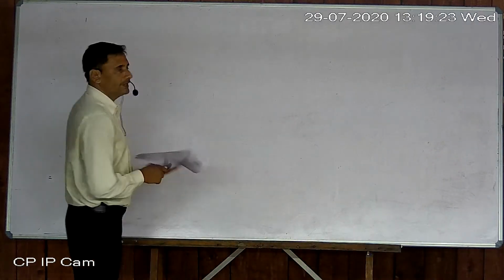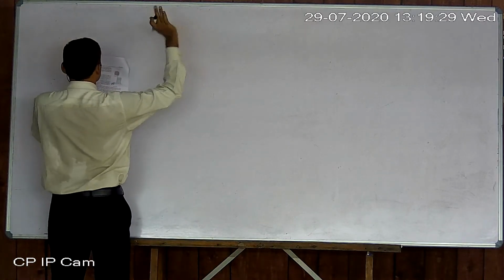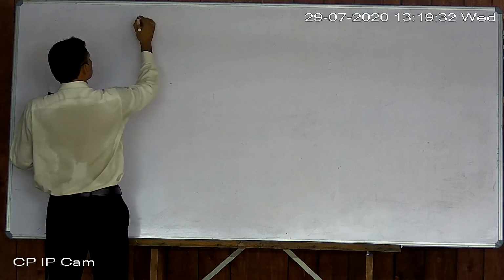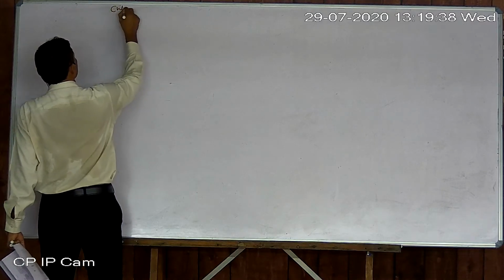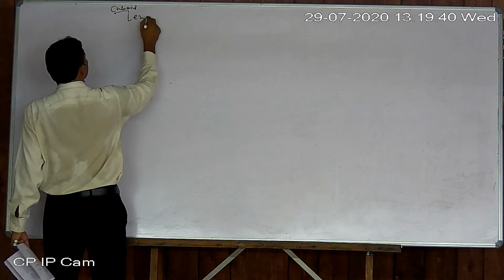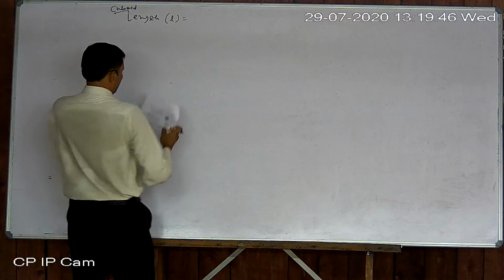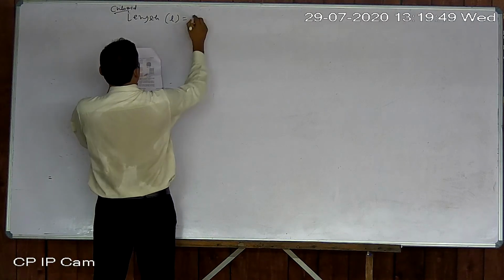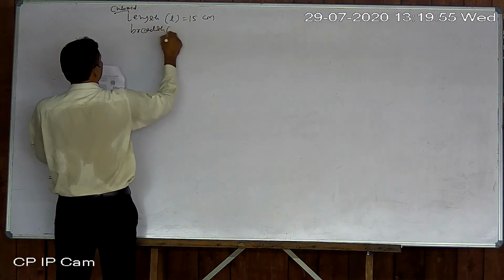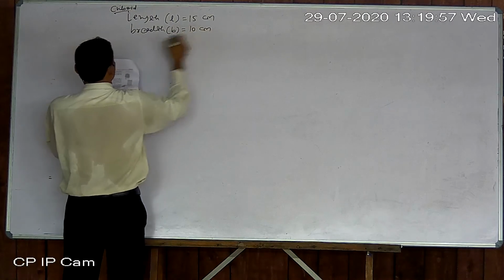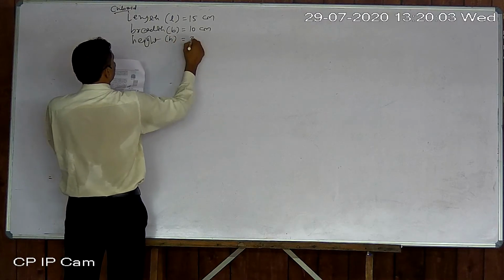So I first write all the measurements. No need to draw the figure because it takes time. First of all, the length, breadth and height of the cuboid. Length is equal to 15, breadth 10, height 3.5.